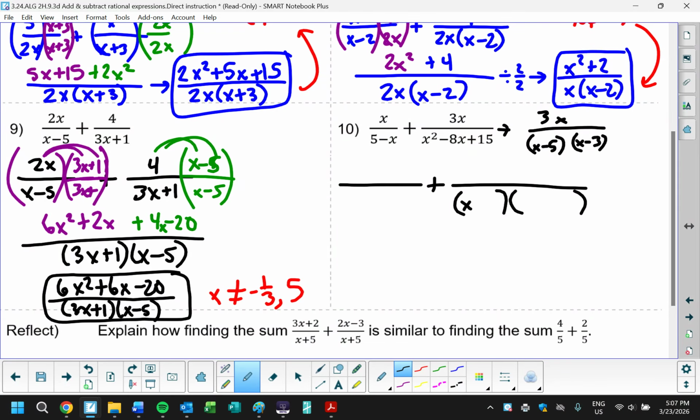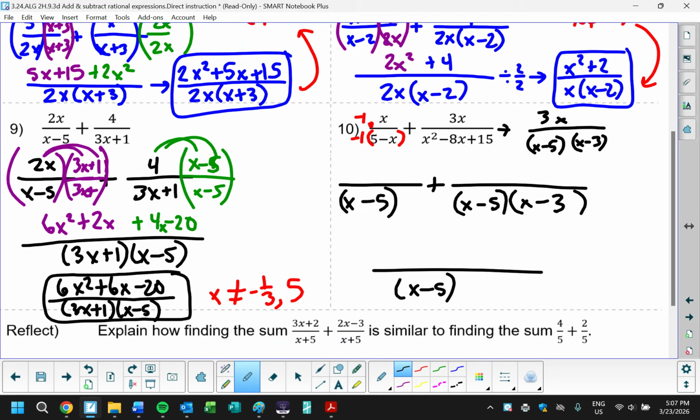Now, I happen to think this one's a little challenging. You might disagree. But can I point out, please, that if we multiply both the numerator and the denominator by negative 1, look at what we end up getting. Negative 1 times 5 is negative 5, and negative 1 times x is negative x, so we have positive x minus 5 here. So we see we have a shared factor in common here, an x minus 5 in both.